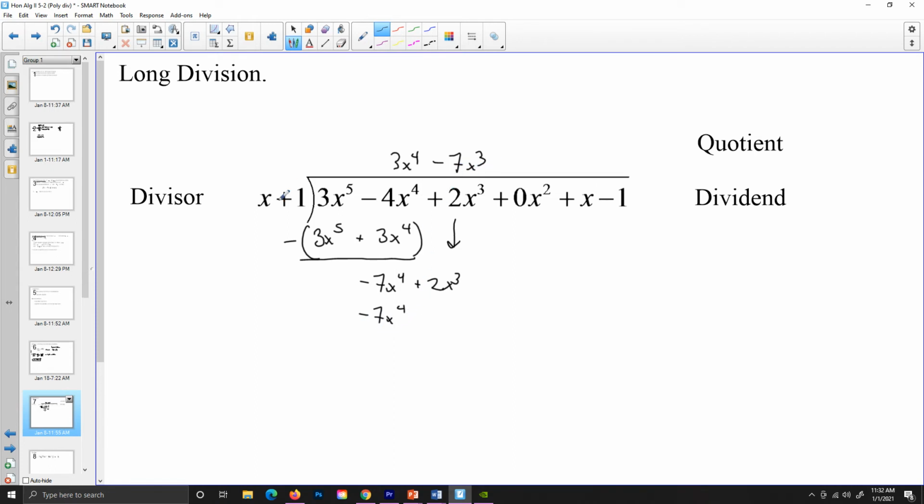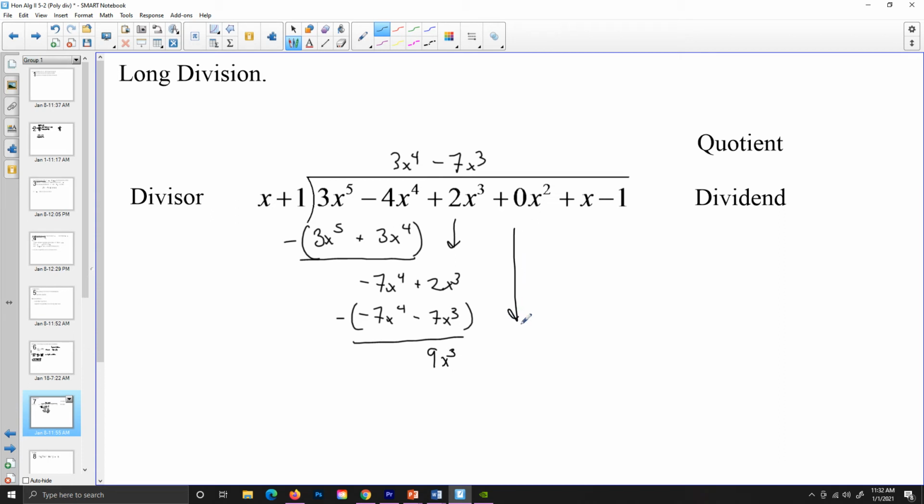Negative 7x to the third times 1 is negative 7x to the third. Again, I am subtracting. But in this case, when I subtract a negative, it's like adding a positive. So negative 7x to the fourth plus 7x to the fourth, those cancel out and I'm left with 0. 2x to the third plus 7x to the third gives me 9x to the third.